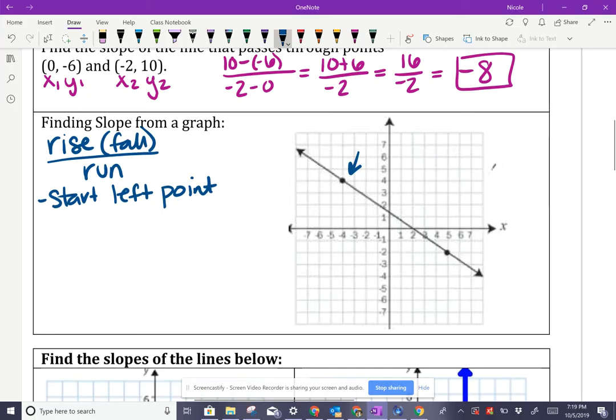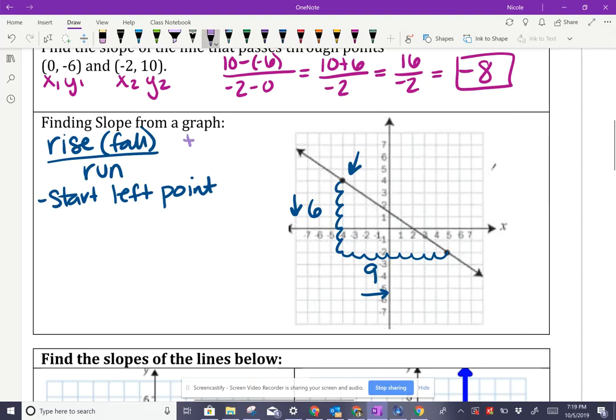So it looks like I can't go up because my point is actually going downward. So I'm going to count down 1, 2, 3, 4, 5, 6, down. So I'm going down 6, and then to the right, 1, 2, 3, 4, 5, 6, 7, 8, 9. So 9 to the right.